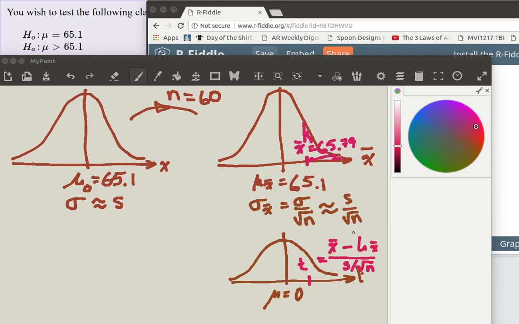So it's going to be x bar minus mu of x bar divided by the best estimate that we've got for the standard deviation. And because we really didn't know the standard deviation of the original distribution, we're going to have to be using a t-test here instead of a z-test. So now we're going to want to find this area right here in a t-distribution. Okay, so we need to build that t-value. Let's do that in R right now.